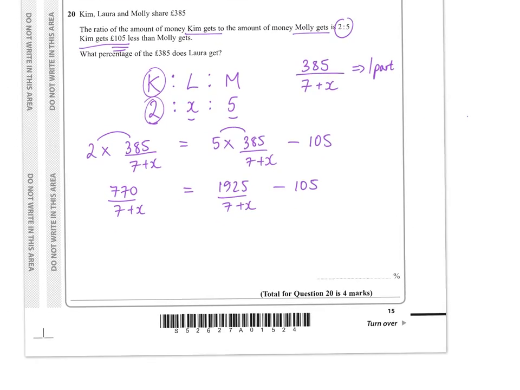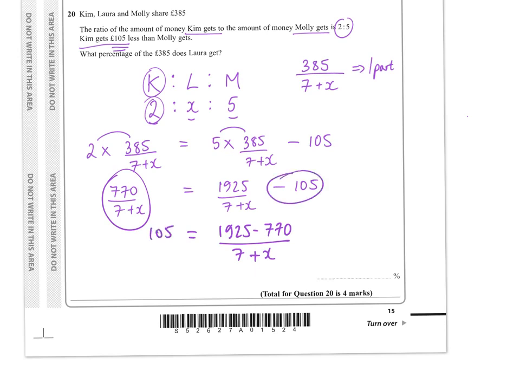Then you could take this from both sides, and that would give you 1925 minus 770 over 7 + x. Add this 105 to both sides.